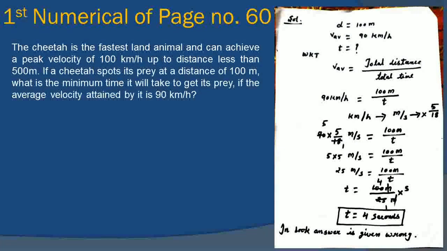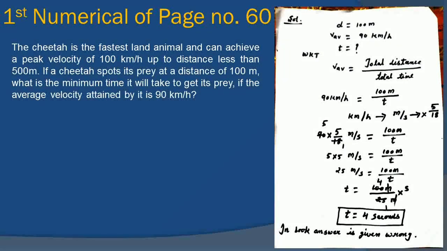Clear? So as we know, the formula of average velocity is total distance upon total time. And average velocity can be possible when the object is moving with non-uniform velocity. Clear?